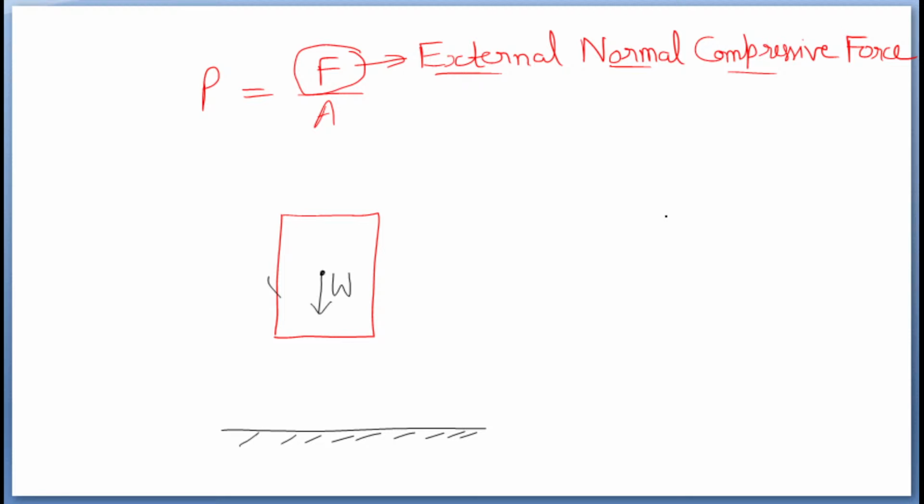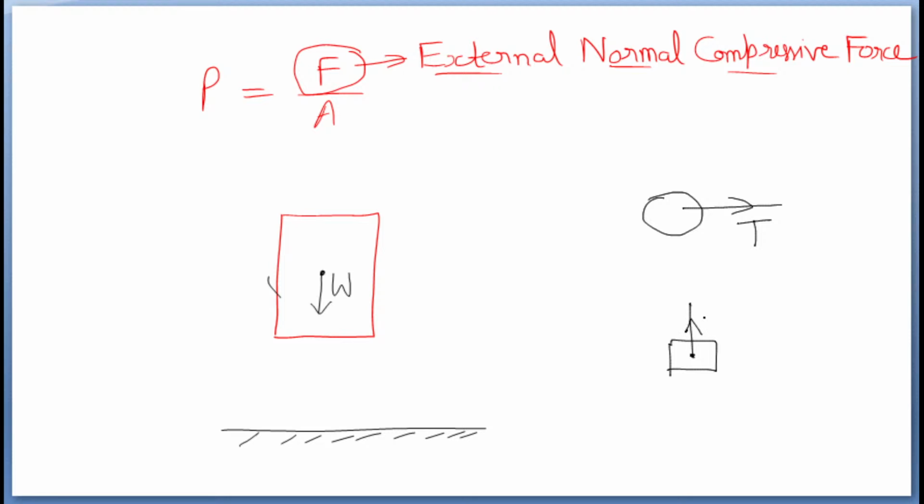If this is my body, where we are calculating external forces, or this is my system, then always take tension outward to that body. Always. If this is my body, then always take tension outward.